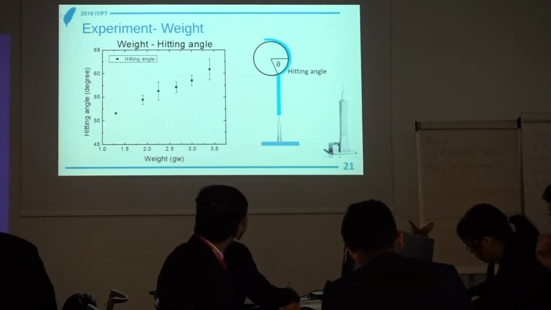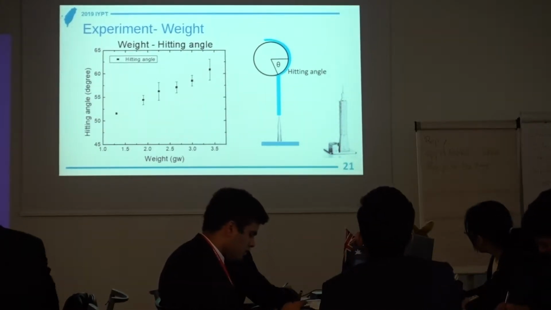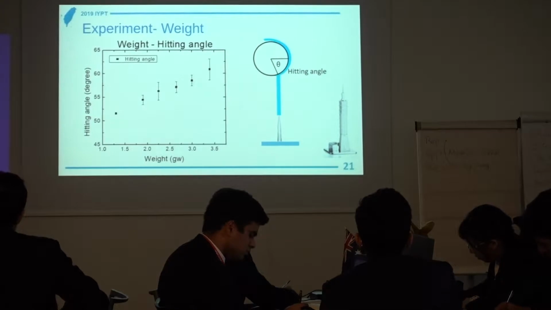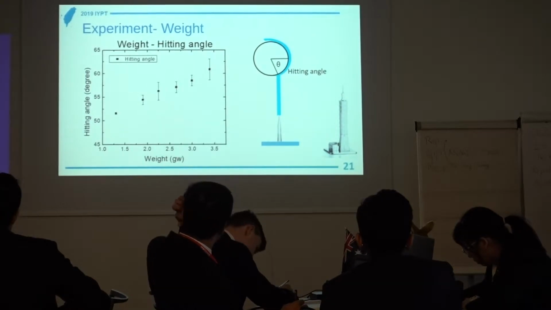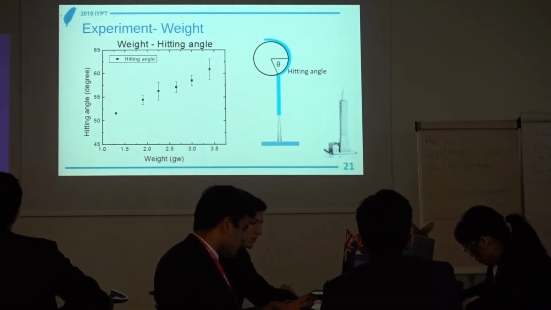Here we'll be talking about the relationship between the weight and the heating position. When we fix the same radius but with different weights, the heating angle becomes bigger. With a bigger heating angle, the water jet will hit closer to the center of the disk to support the bigger weight.